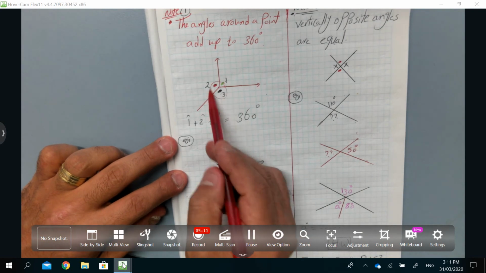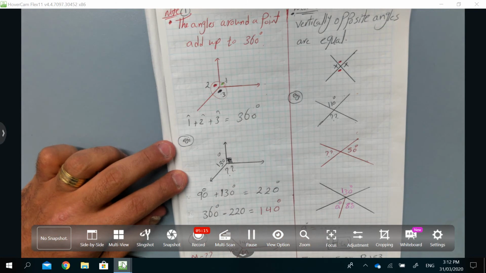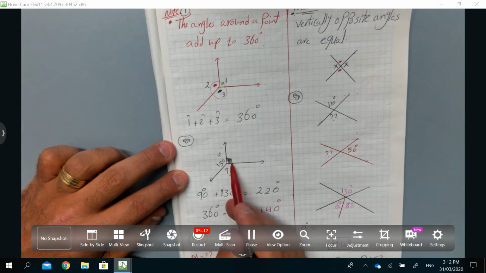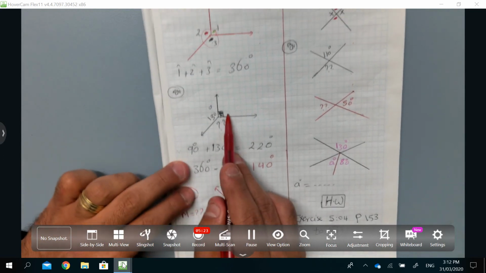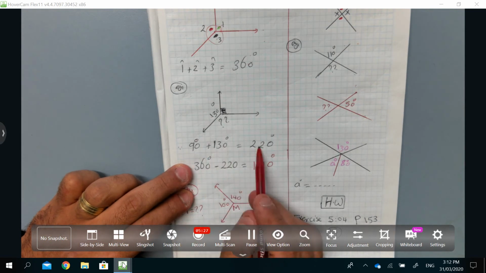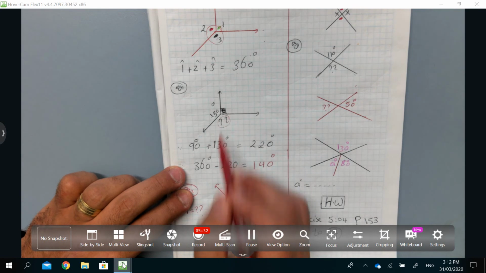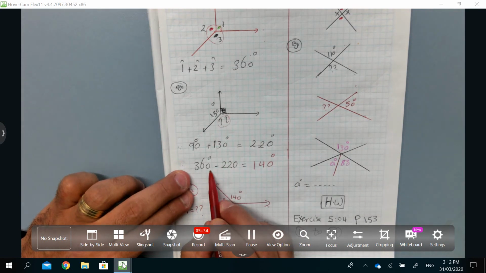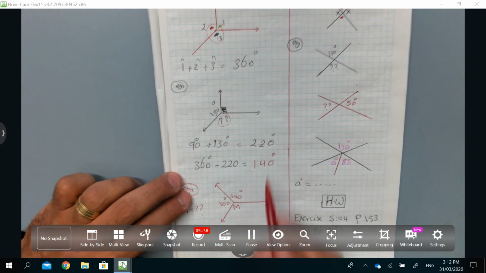So the total angles around one point equal 360 degrees. In this example, we have 90 degrees plus 130. When you add up 90 plus 130, yes, it's 220 degrees. So how do you find the missing angle? It will be 360 minus 220, you get 140 degrees.